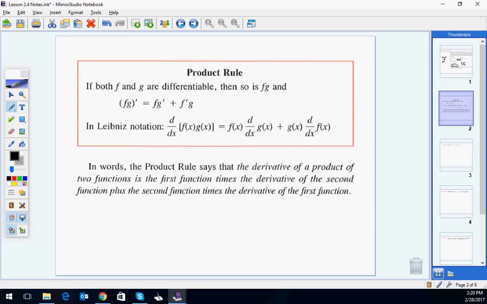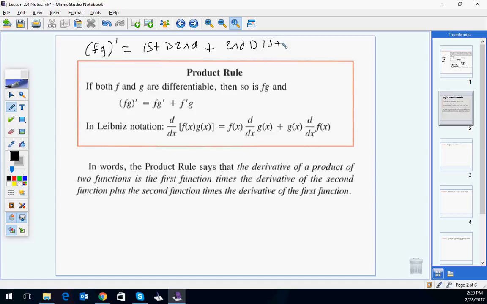You can write it like this, guys, if you want. First d second plus second d first.